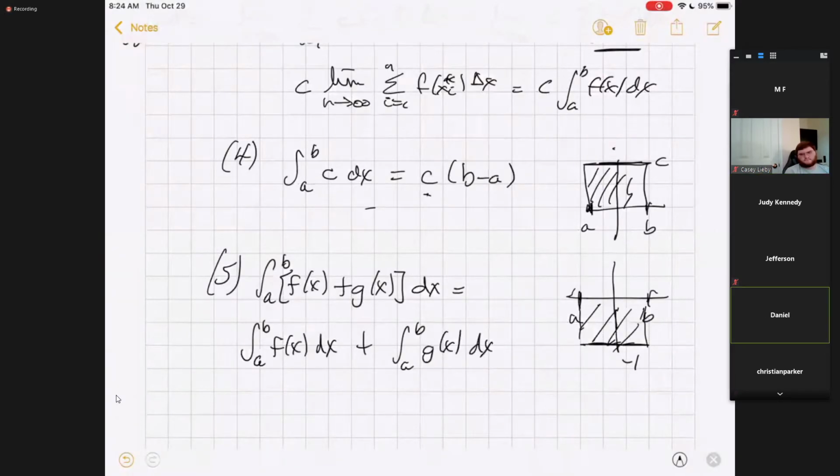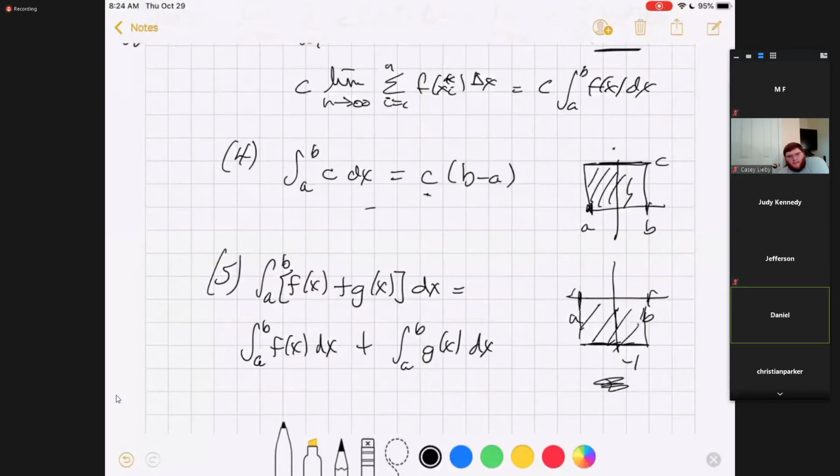Dr. Kennedy, in the second box you've got here, is that a 4 and an R there, or is that just gibberish? Top of the second box.